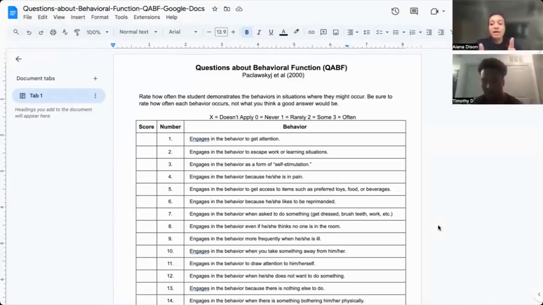We're directly looking at the client engage in whatever behavior it is. But an indirect assessment is going to be like if I'm speaking with the parent and they're giving me insight into the behavior, or I'm asking them questions and they're answering the questions about the behavior, that's an indirect assessment because I'm not actually observing the behavior myself.